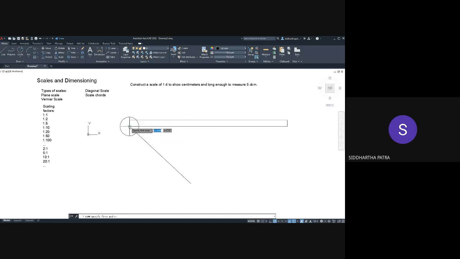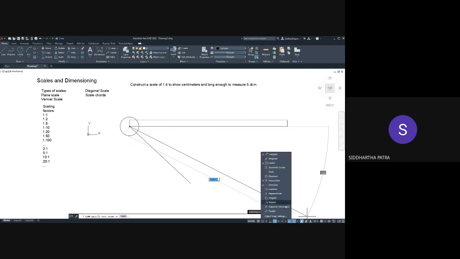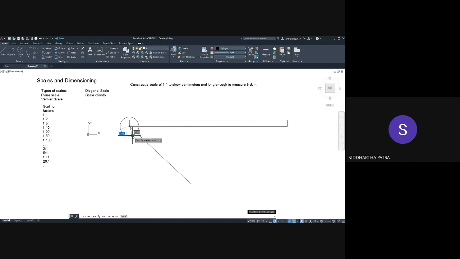I can split that into, okay, there is no nearest snap, nearest, yeah, nearest snap, and parallel, okay.